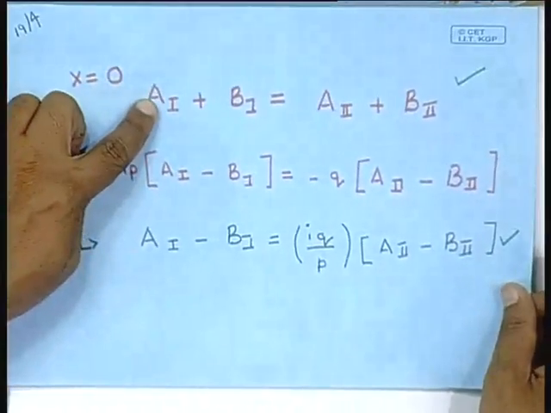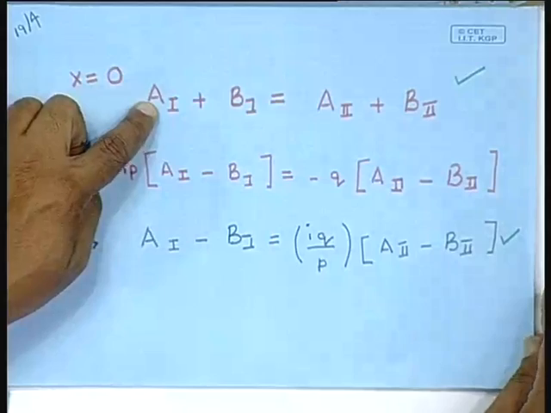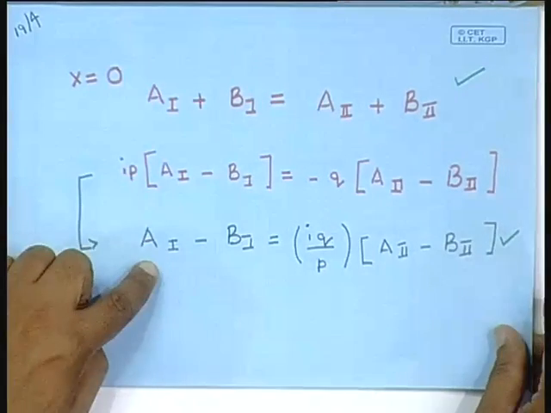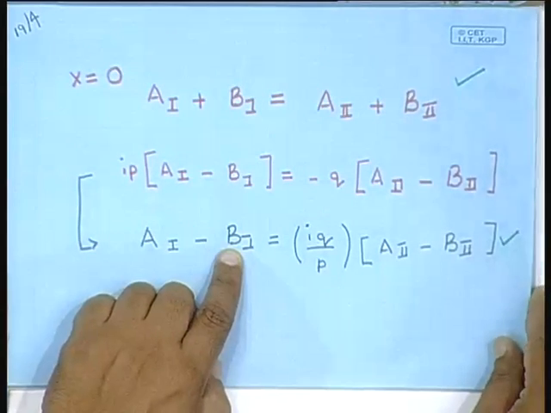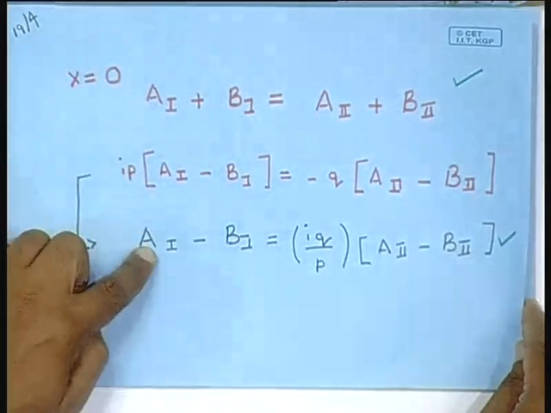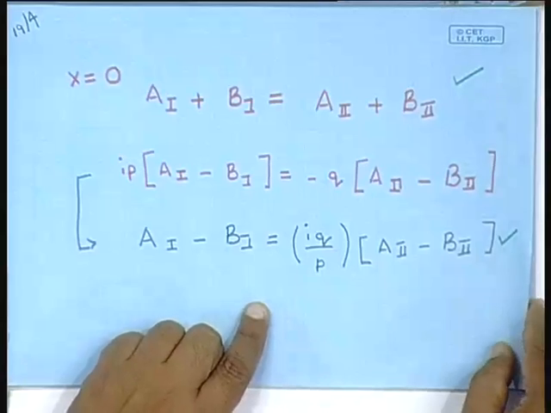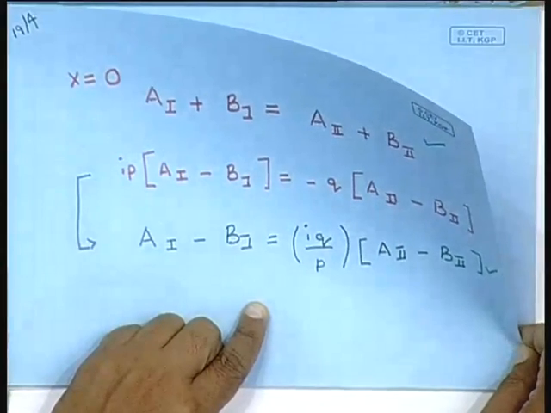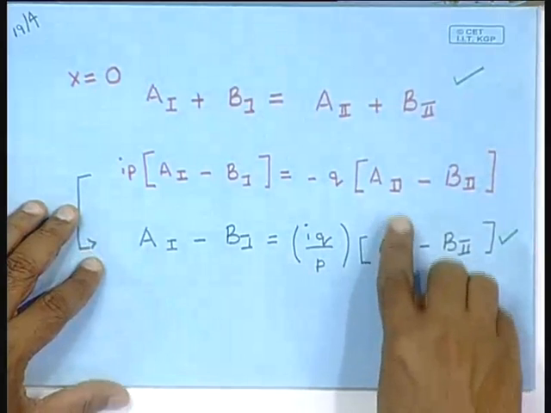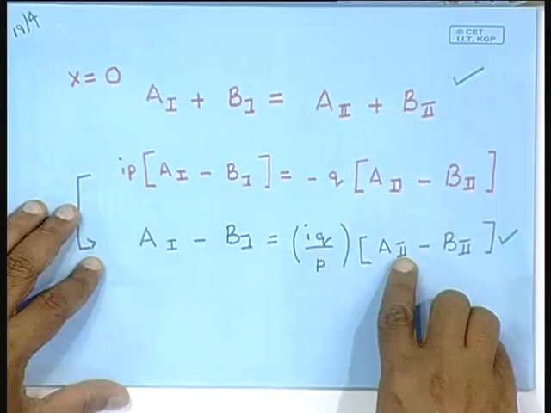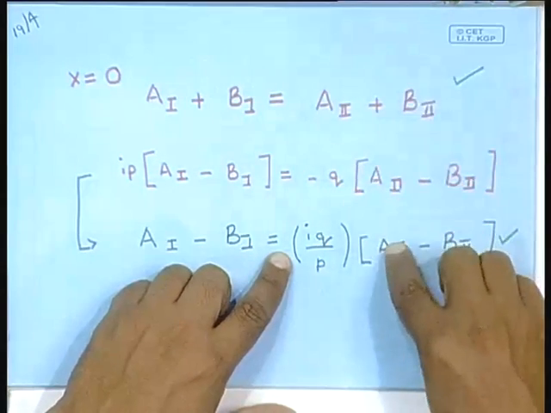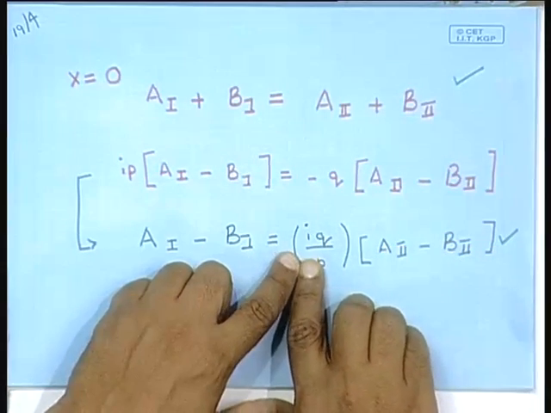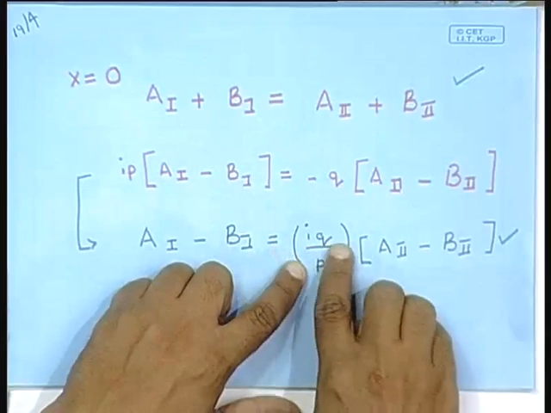If we add these two relations, we will get twice A1, because B1 is going to cancel out, twice A1 is going to be equal to A2 into 1 plus i q by p.